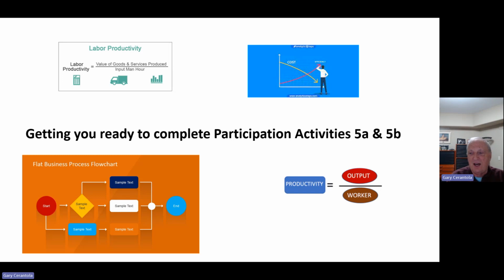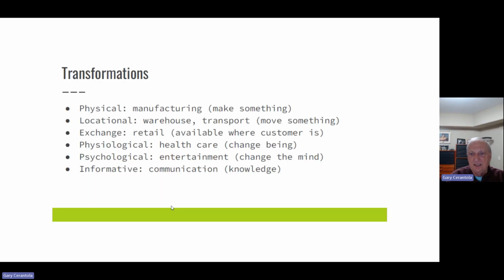A standard productivity formula is: what did you output, what did you input, and what's the ratio of output to input based on certain units. That's why I'm asking you to identify the units on every calculation that you do in these participation activities, and also in the group cupcake assignment, right? So that's the start.